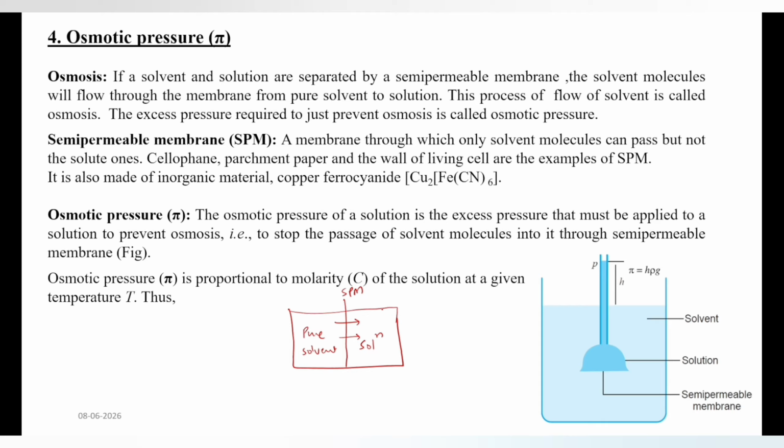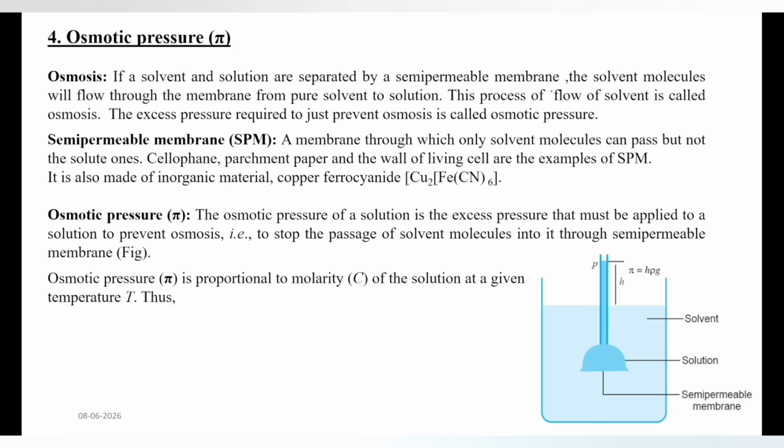Suppose this chamber is airtight and packed, and this side has vacuum. If I apply pressure using a piston or any external agent, and the external pressure matches the osmotic tendency, the process of osmosis stops. That excess pressure applied externally to stop osmosis is called osmotic pressure.